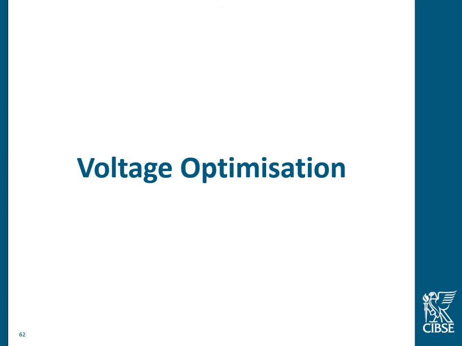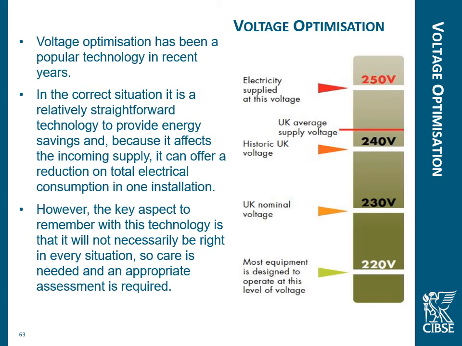Now, another thing we can think about on an electrical system is voltage optimization. A lot of the voltage that arrives in UK factories, offices or buildings is supplied from the grid, and it's supplied quite often in excess of 240 volts. 240 volts is the average supply voltage in the UK.